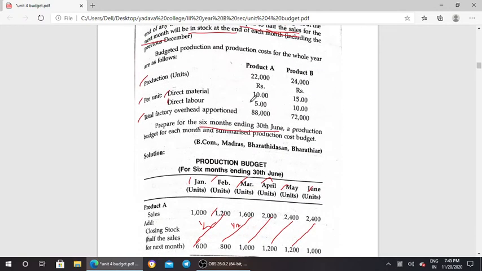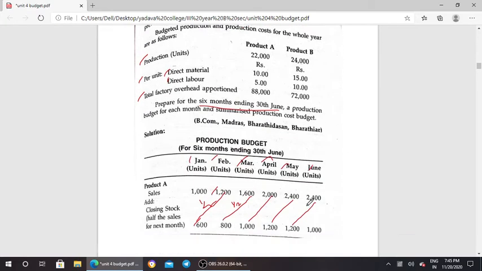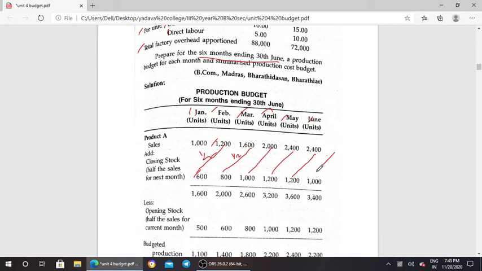Already they have given the last month, July, 2,000, so half is 1,000. So half of next month's sales will be taken as the closing stock of the previous month. Only we have to take half. So that is the closing stock they have given.